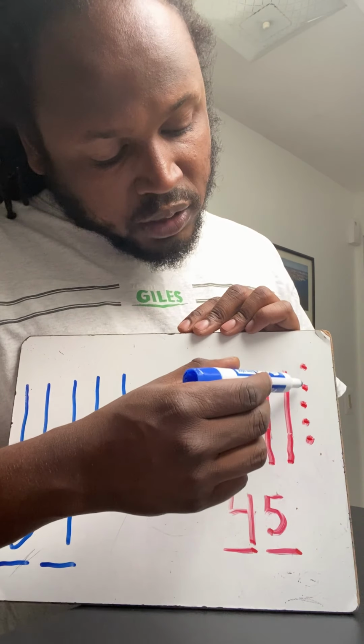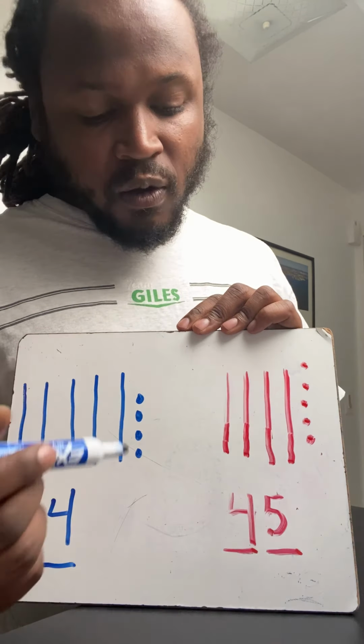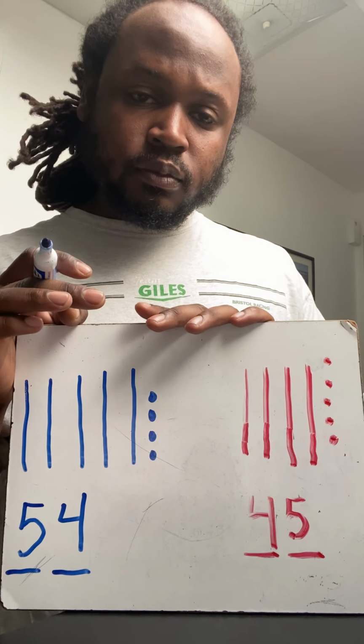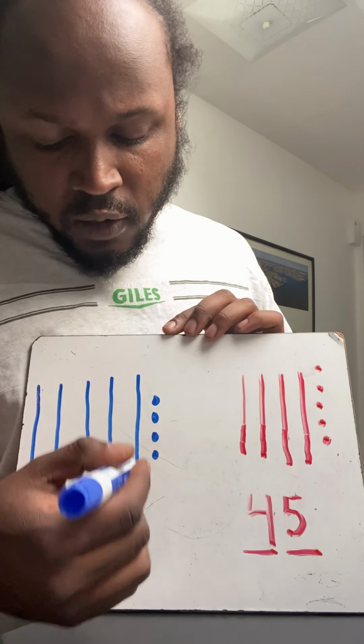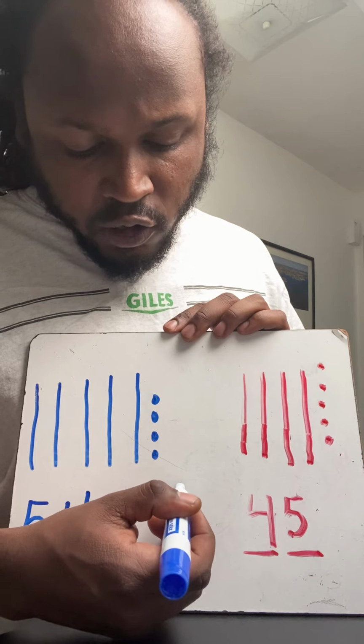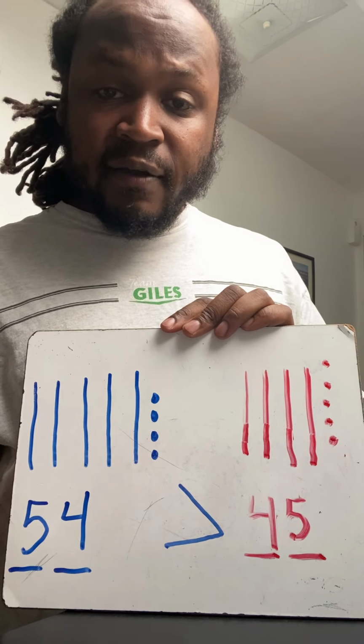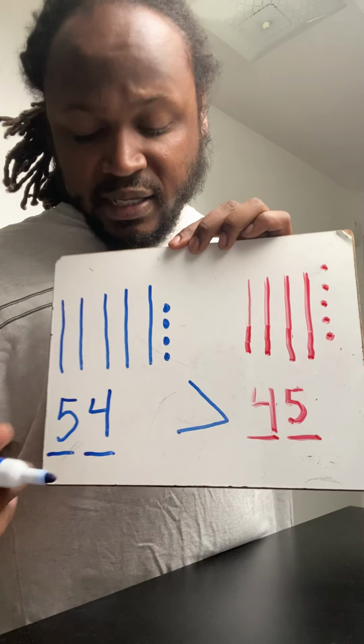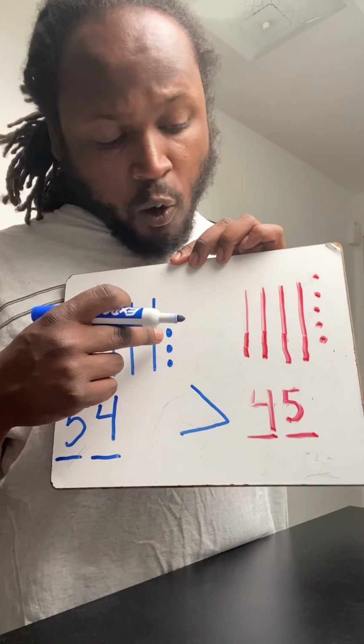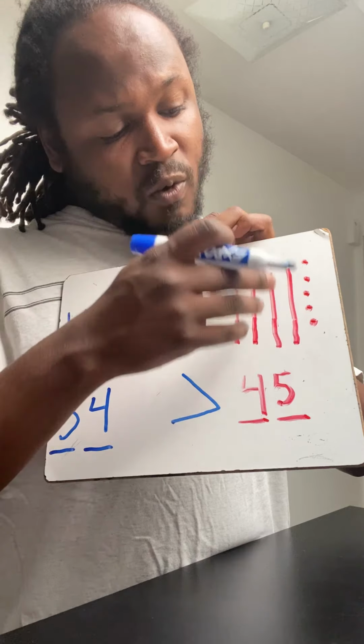And then we have 1, 2, 3, 4, 5 ones. So which number is greater? 54 is greater than 45, because 54 has 5 groups of 10 and 4 ones, and 45 only has 4 groups of 10 and 5 ones.